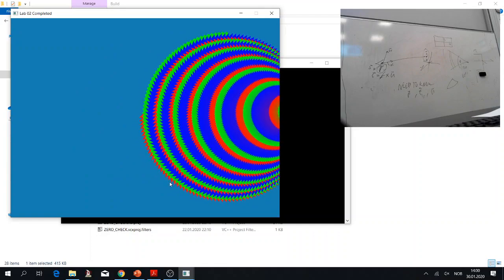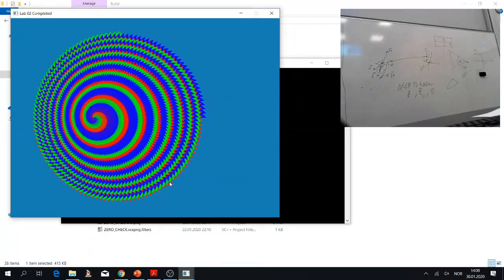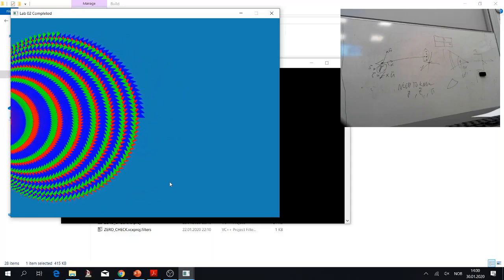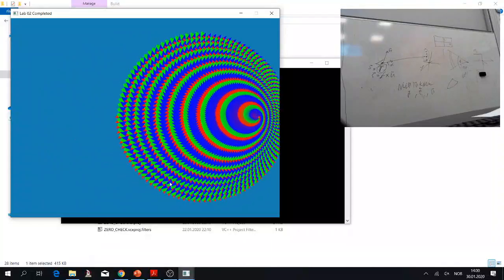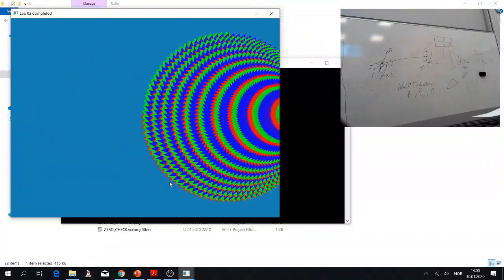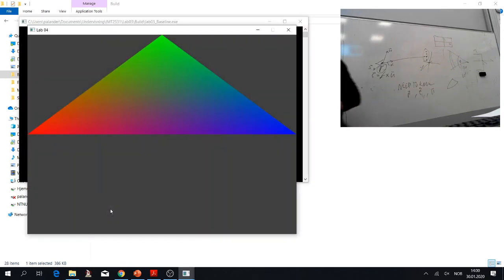If you should do this in practice, you will probably do it a smarter way, but this is how lab 1 is constructed. You basically have one triangle, you make a struct that describes the triangle, and what you start out with is this baseline, just a triangle as in the previous lab.